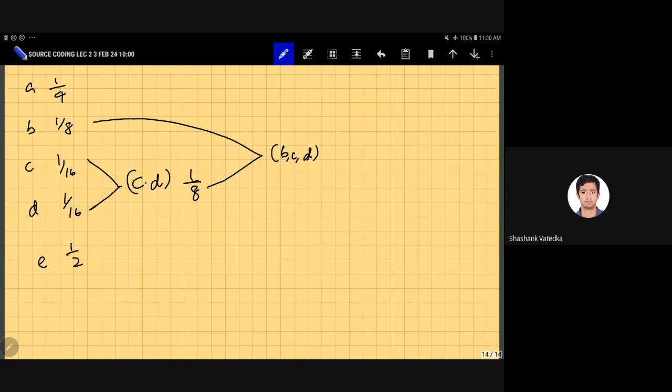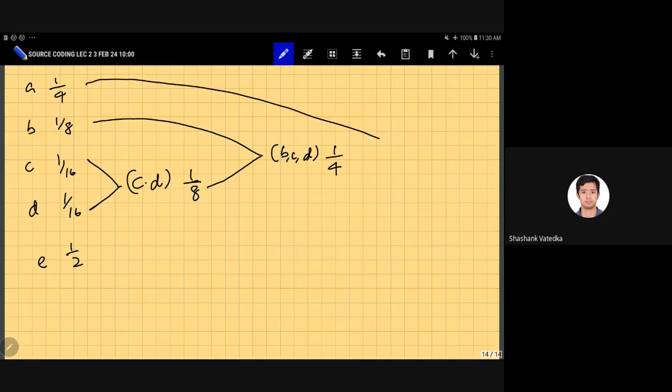Okay. And what is the probability of B or C or D occurring? It is 1/8 plus 1/16 plus 1/16, which is 1/4. Right. So now I have three symbols: A, BCD, and E. The two symbols with the least probabilities are A and BCD.